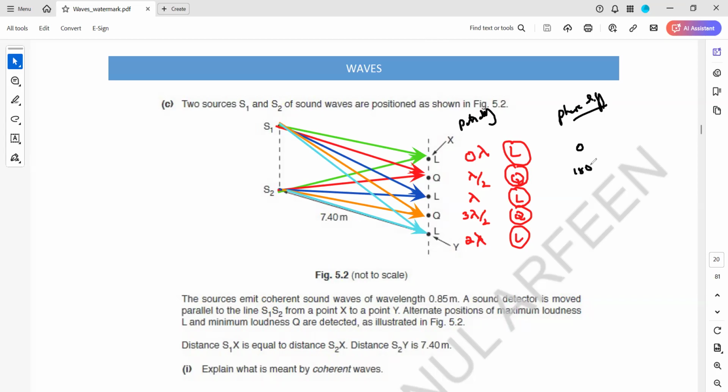For destructive, this will be 180. Again, phase difference we say 0, 180, then again 0 in terms of degrees. In terms of radians, it will be pi radian if it is destructive.